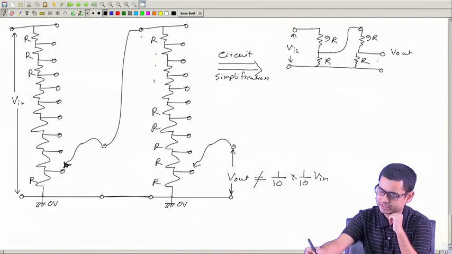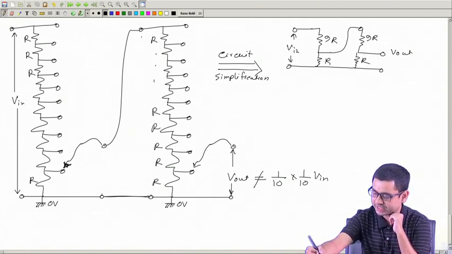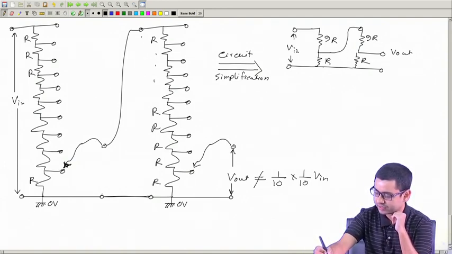Now, let us calculate how much is V out. Let us calculate it directly. If we do a direct calculation, then this R and these two, 9R and R. These two, 9R and R, are in series, and this R is in parallel with that.